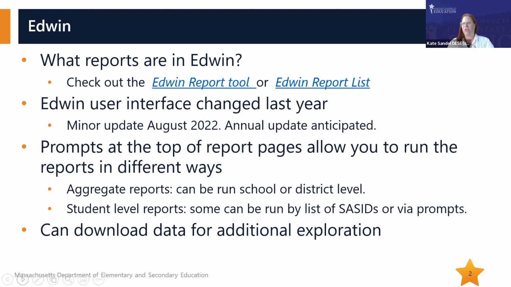And again, I'll show you those differences as well. And of course, the data can be downloaded for additional exploration, which I think is really key as someone who loves using data. Being able to extract the data and merge it with some of your other data sources can be really powerful. So I'm going to stop share for a second to go and check out that Edwin report list that we have available on our Edwin public page.